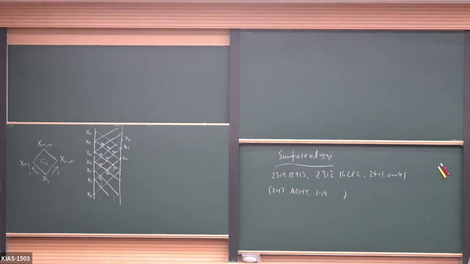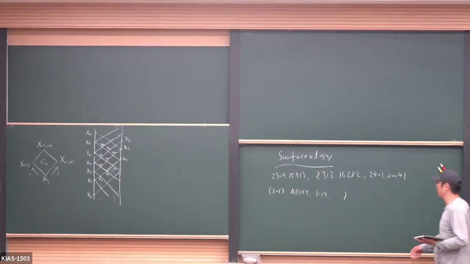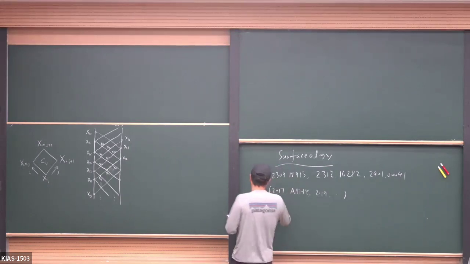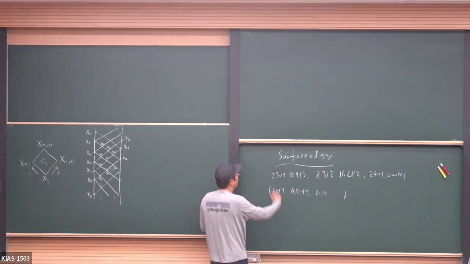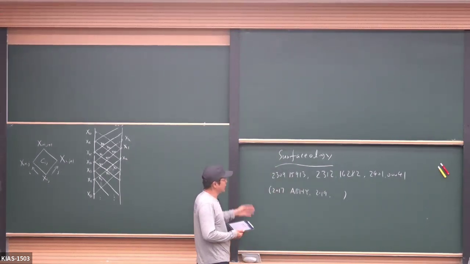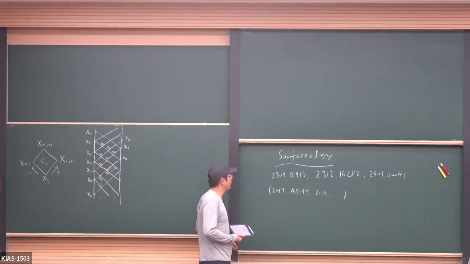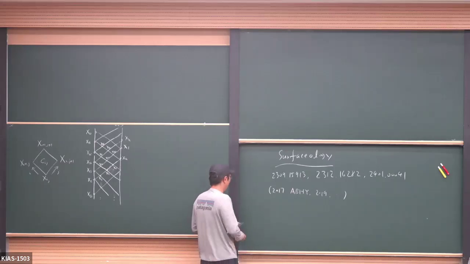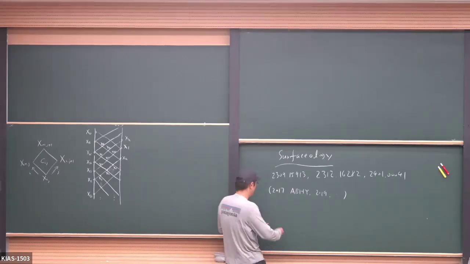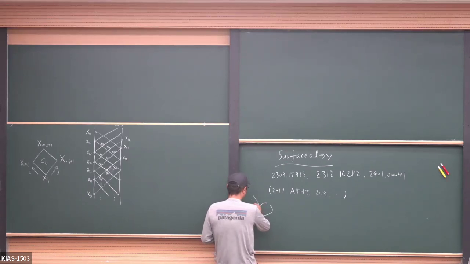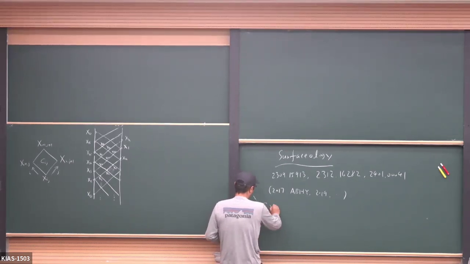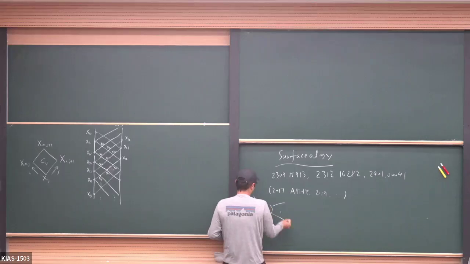So originally I was asked to talk about positive geometries, but that's too broad a topic. I can give you some idea of what positive geometries are and their relation to surfaceology as an even bigger picture or overview. We know there's the usual way of thinking about scattering amplitudes. You have some particles coming in, some particles going out.